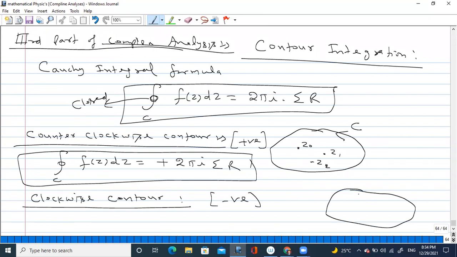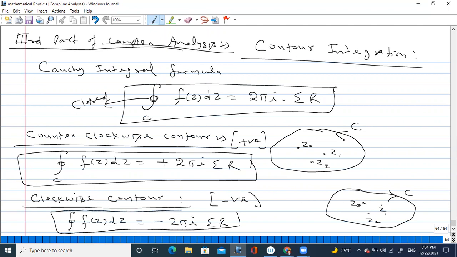If this is your contour and these are the points, the direction will be like this, clockwise, for the contour. So here the equation will become the integral of f(z) dz equal to minus 2πi summation of residues. So this formula you will use, just in place of plus, you use the minus sign.